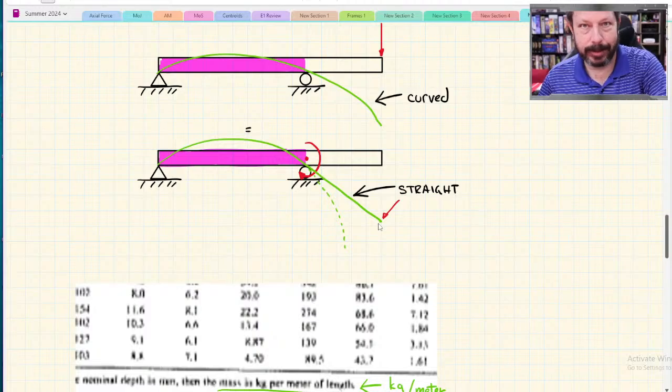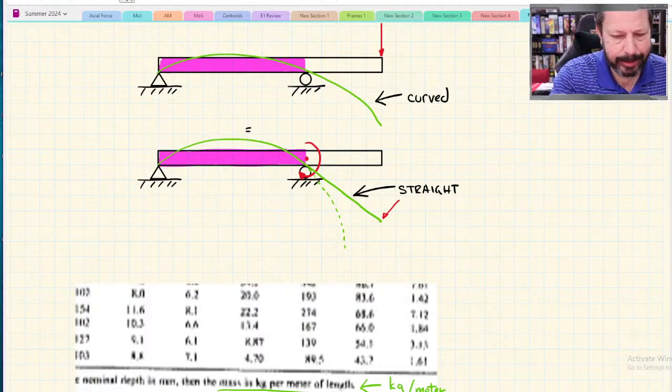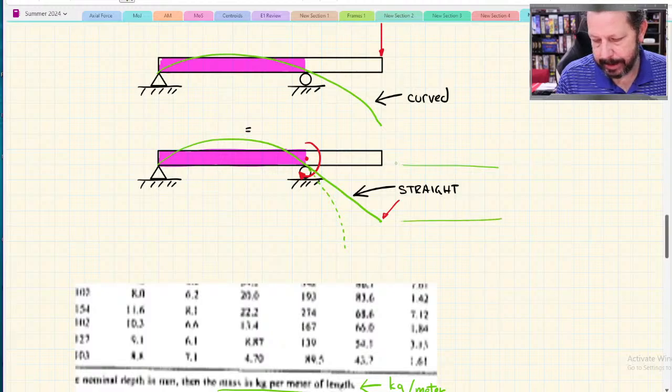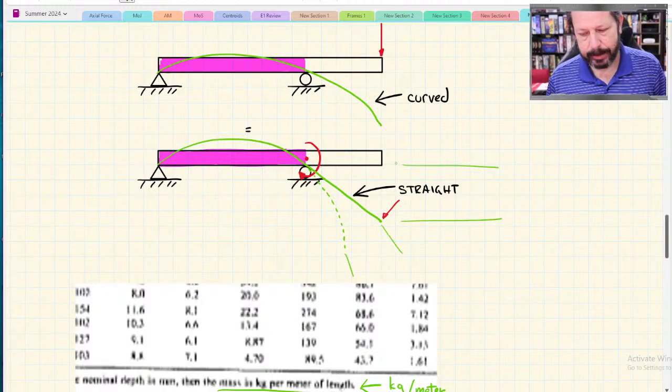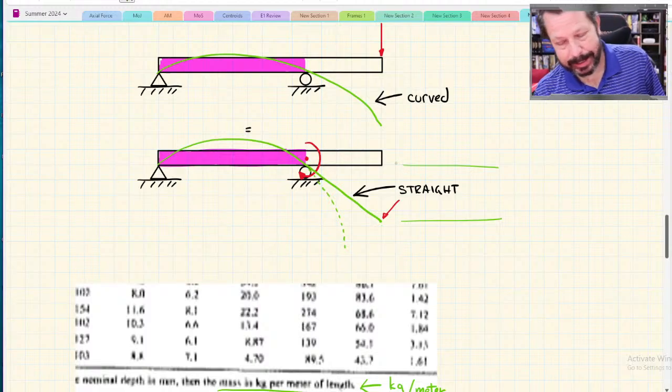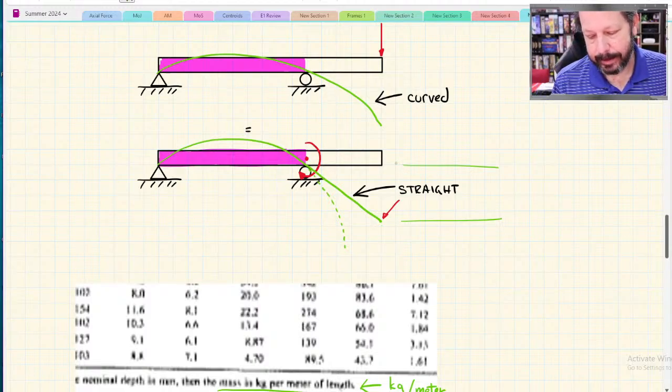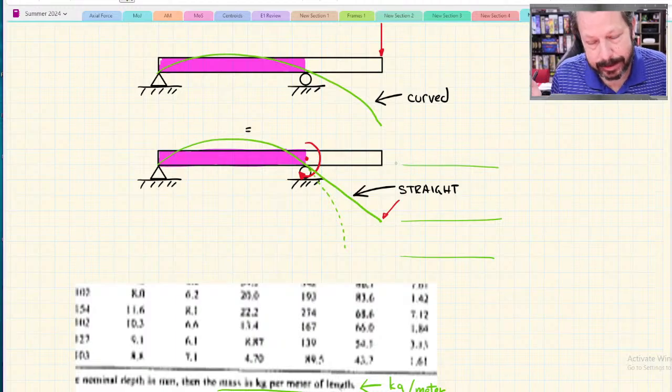Now I've exaggerated all these drawings here, so it does look like we're adding where they're not even supposed to be added together. Like we're adding that distance plus that distance. They're not even in the same direction. But you have to remember, I'm drawing them really exaggerated, and yes, they're not exactly in the same direction, but since they're really small deflections, they're essentially in the same direction.